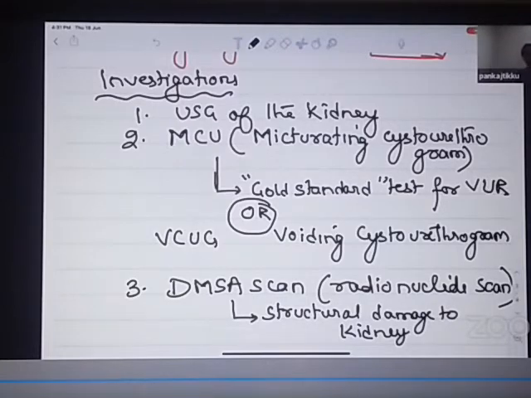An ultrasound will be able to show you the kidney from outside. It will not be able to show you whether the kidney has been damaged from inside or not. The structural damage to the kidney from inside can be shown by a radionuclide scan which is known as a DMSA scan.